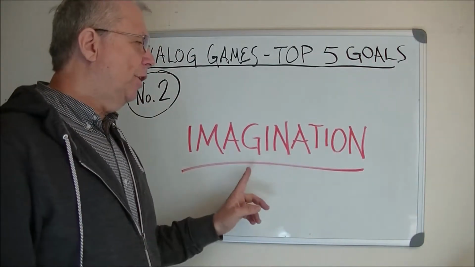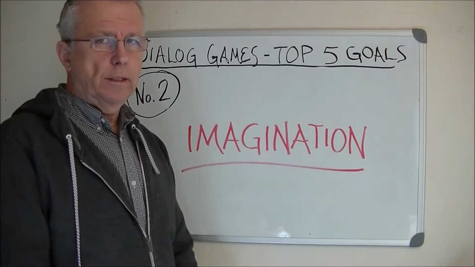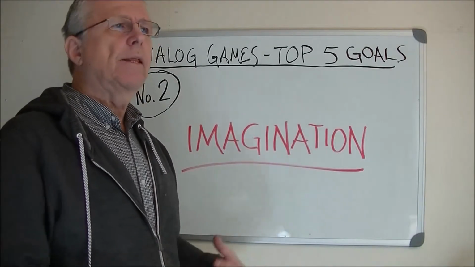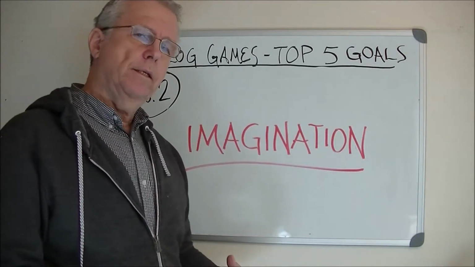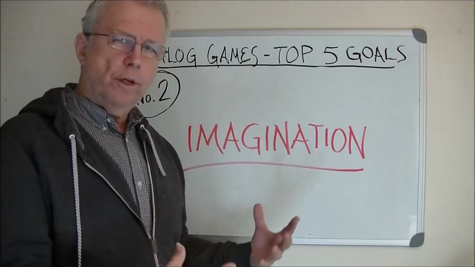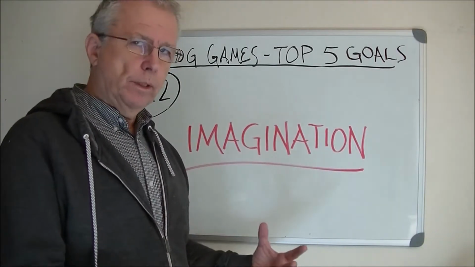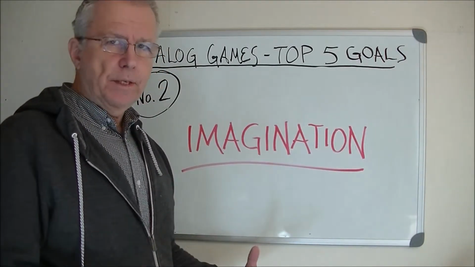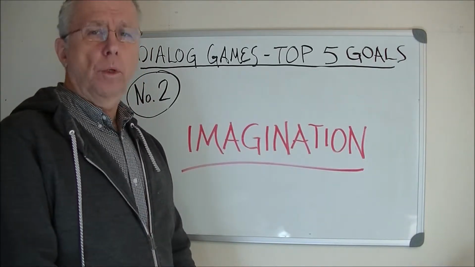So imagination is developed in the course of the dialogue games because you're pressed to think up original ideas when you're confronted with a problem in the Q&A or in the as-if or in the word games.